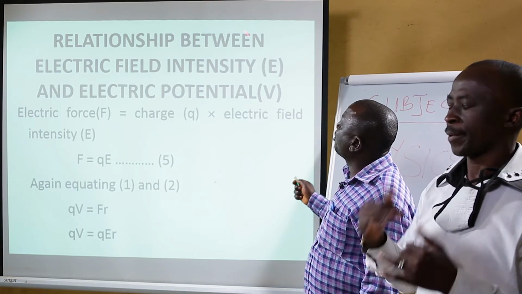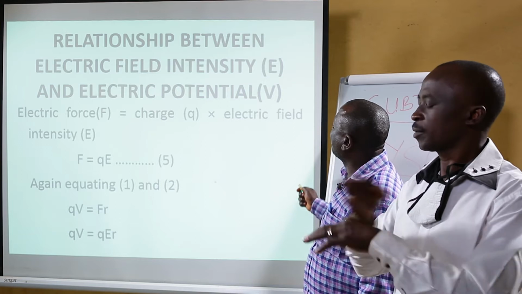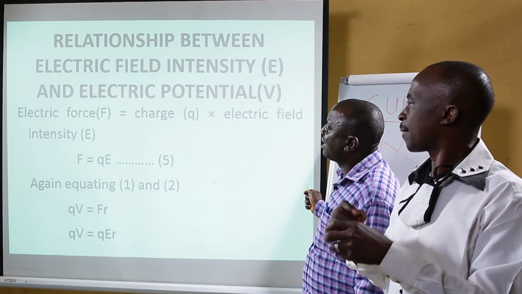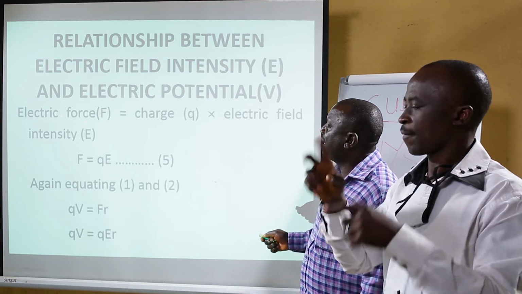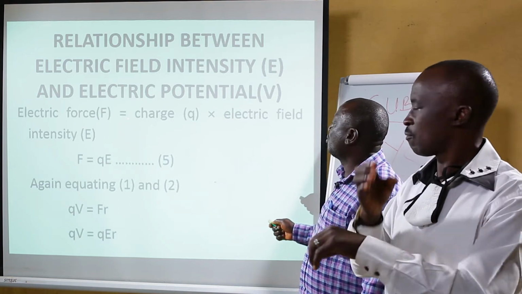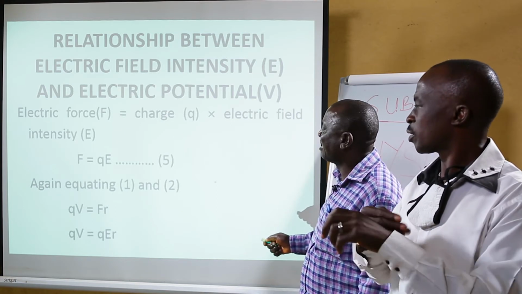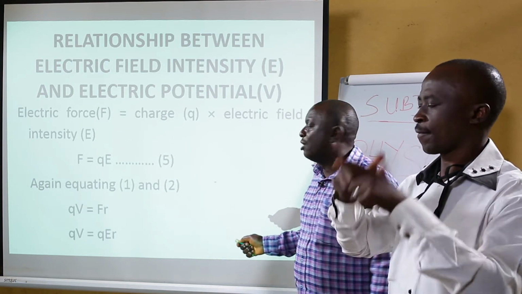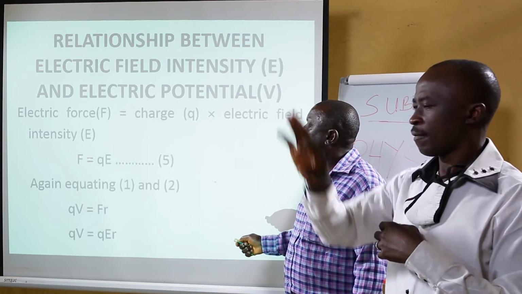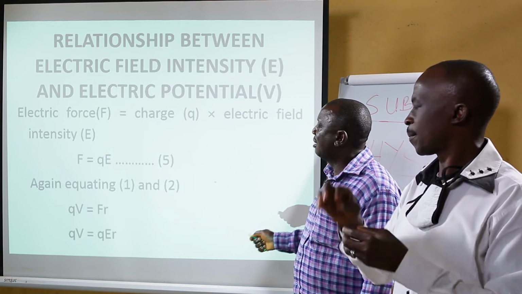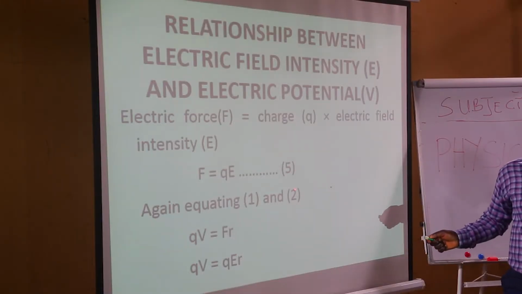Now we look at the relationship between electric field intensity, capital E, and electric potential, capital V. We know that electric force is equal to charge, small q, times electric field intensity, capital E. So mathematically, capital F equals small q times capital E. And we call this equation 5.